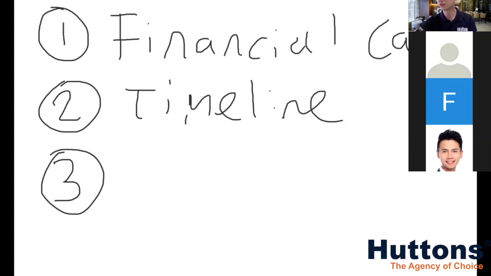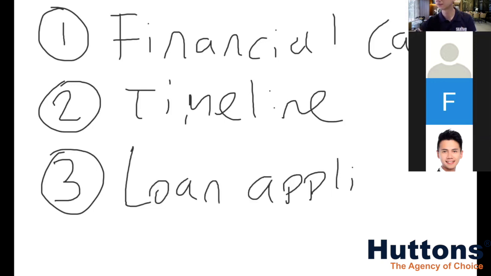Then you do the loan application for them. They want to find out about the IPA, things like that. So you can use this to share with your client. I think it's quite simple. So this is probably more for me to add on.